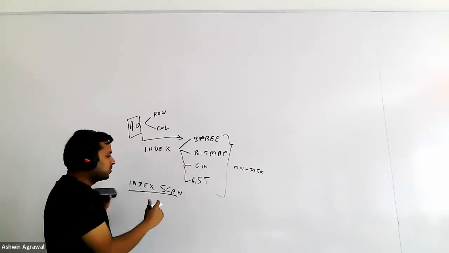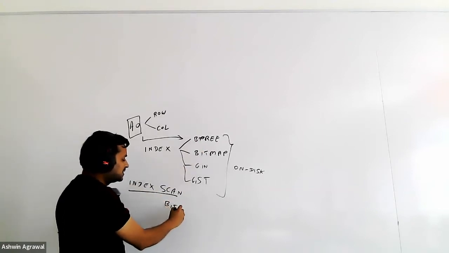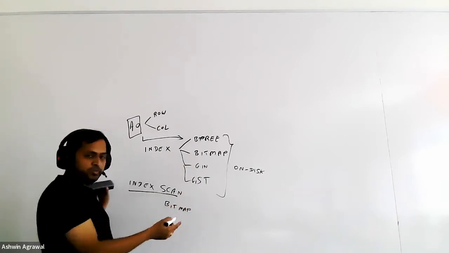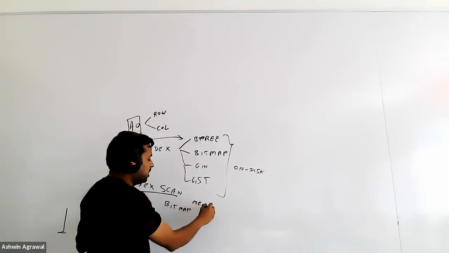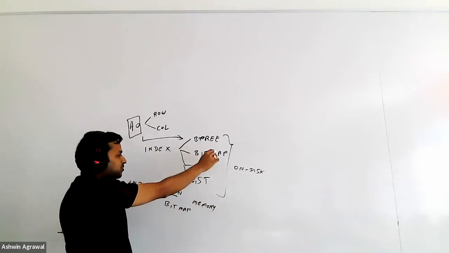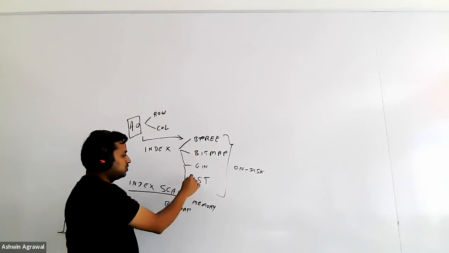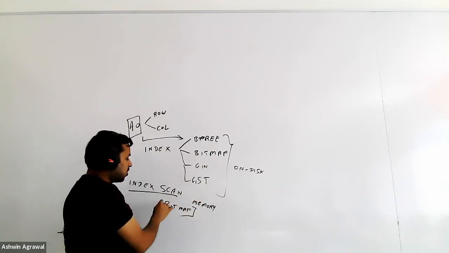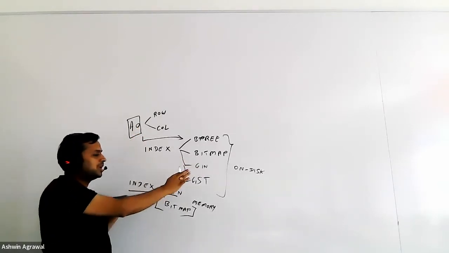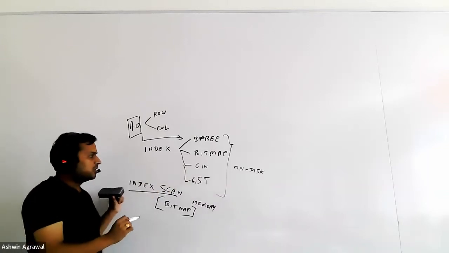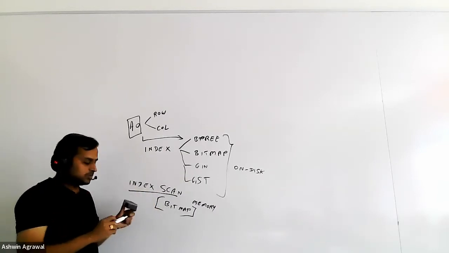Just to give a slight example, you can have a B-tree index, but you can have a bitmap scan on top of the B-tree index. The bitmap scan is just an in-memory way of doing things. So index type refers to on disk, whereas index scan refers to how in memory we are using the things on top of the index to do the scanning of the table. This concept would be helpful later in the discussion where we say index type versus index scan. Those two mean different concepts.